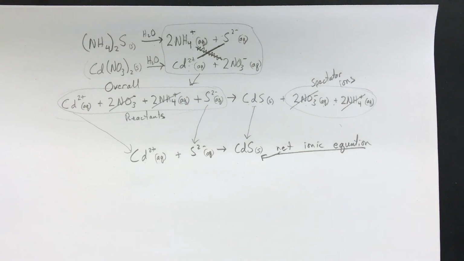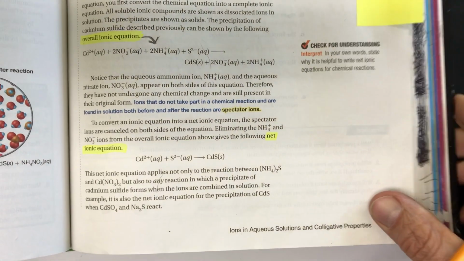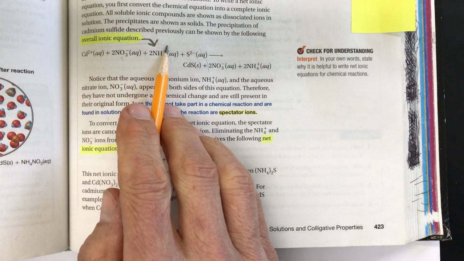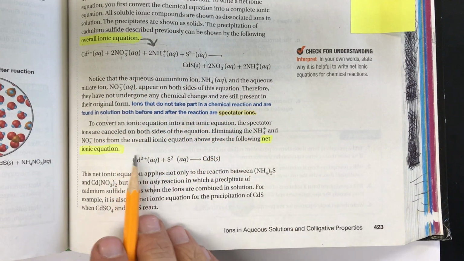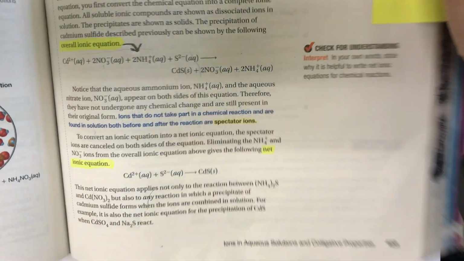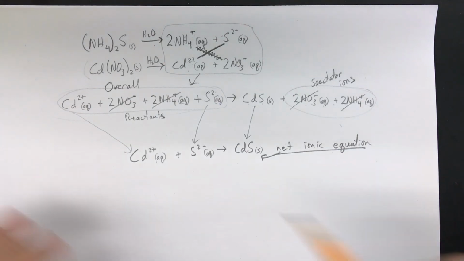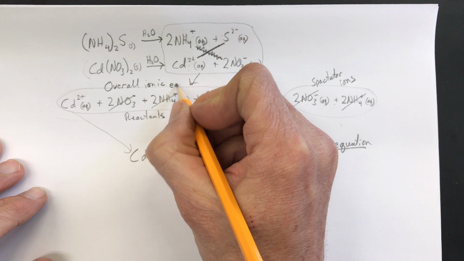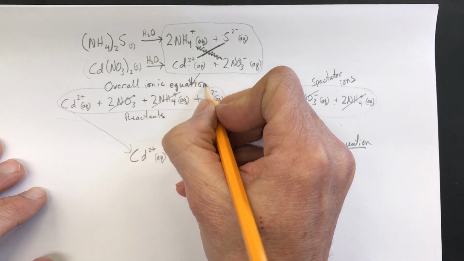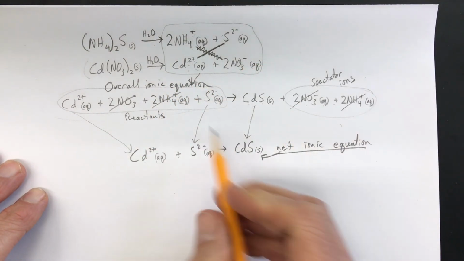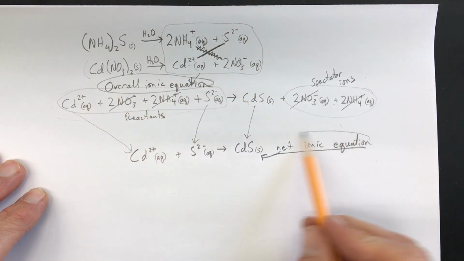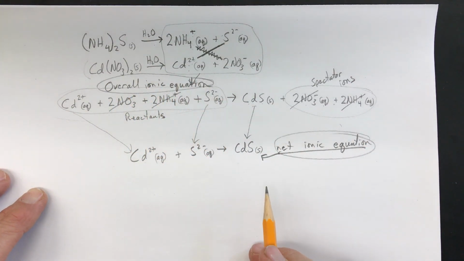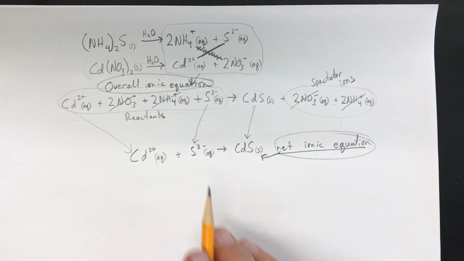You will find it in your book right here, the overall ionic equation. That's what we just did. And then we have the net ionic equation. So the overall ionic equation has everything. And then there's the net ionic equation. And that's your goal here, to figure that out.